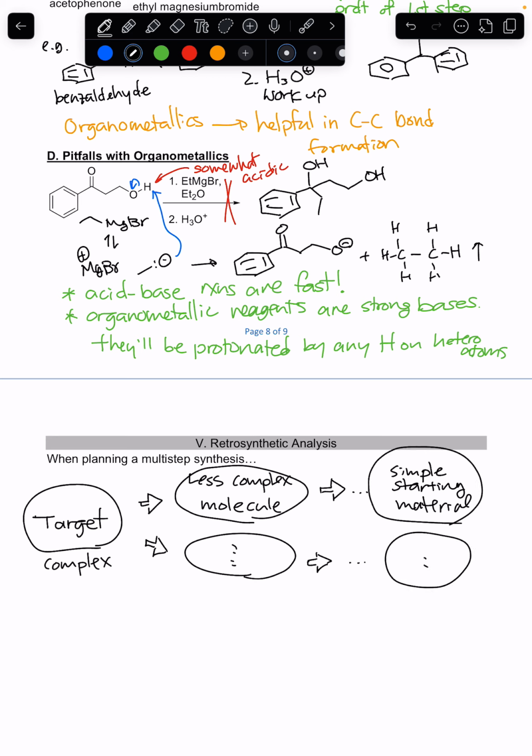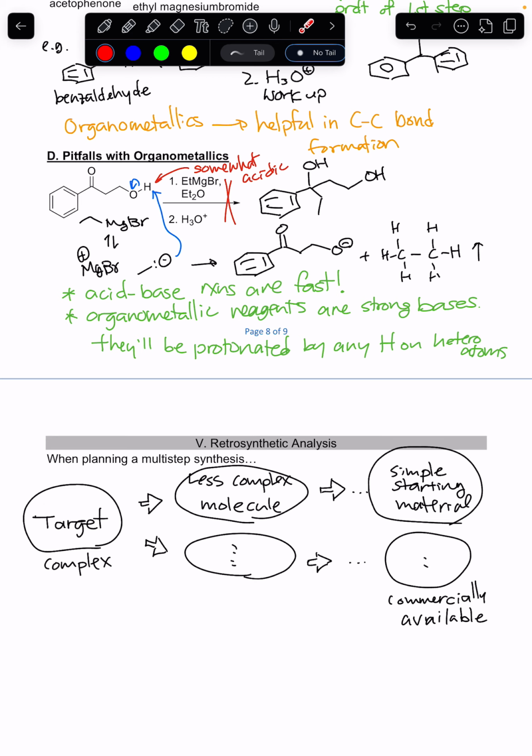And these have to be commercially available from a chemical company for you to actually do the experiment. Otherwise, if you can't buy it, you're not going to be able to make this slightly more complex molecule, and then eventually you get to the target.